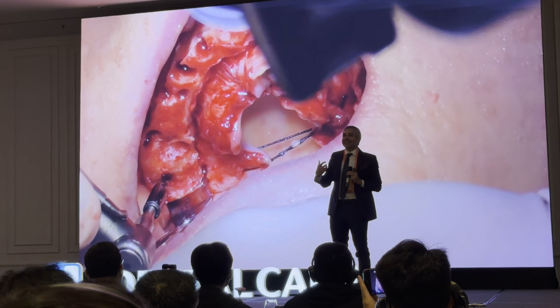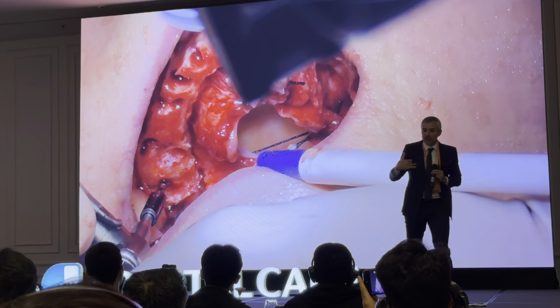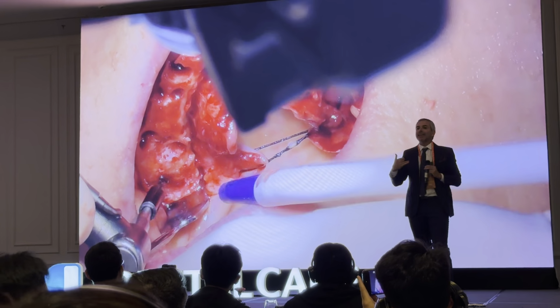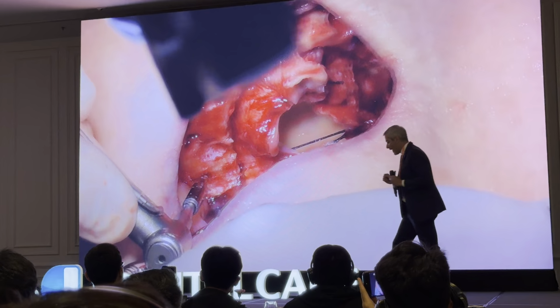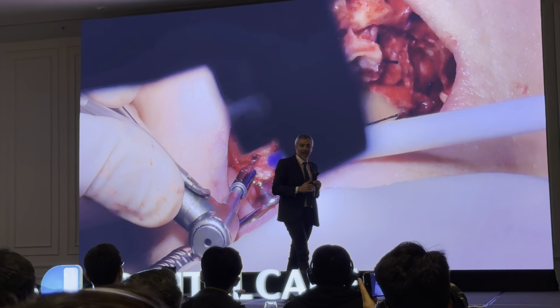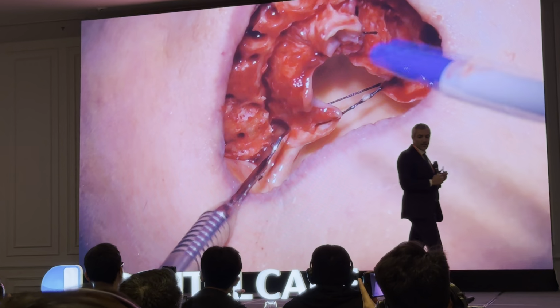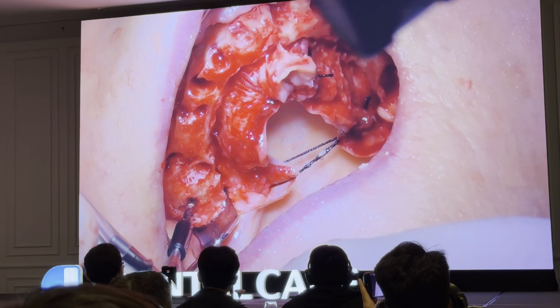Then I reactivate the drill, okay, going against the cortical bone, and suddenly I fall inside the pterygoid fossa. So remember: soft, hard, and then I fall down, okay? See, I'm going slowly, slowly, slowly, slowly, in order to feel everything.